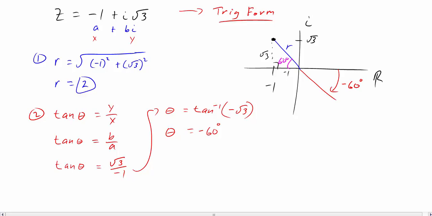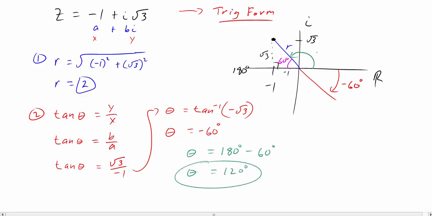So the angle theta we're looking for has to be 180 degrees, because all the way over here is 180, minus our 60 degrees. So our angle is going to be equal to 120 degrees.